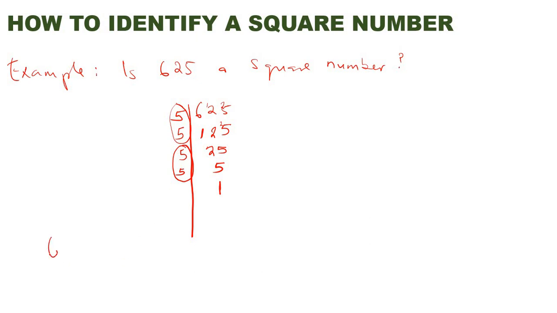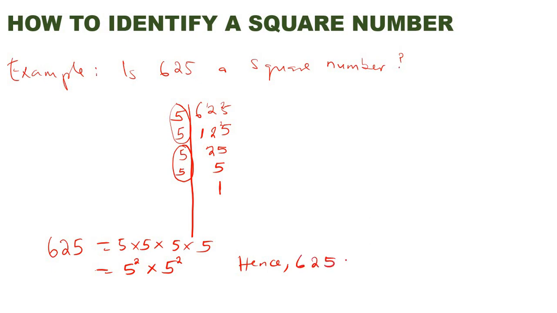So 625 equals 5 times 5 times 5 times 5, which is 5 squared times 5 squared. So this is a square number. Hence, 625 is a square number.